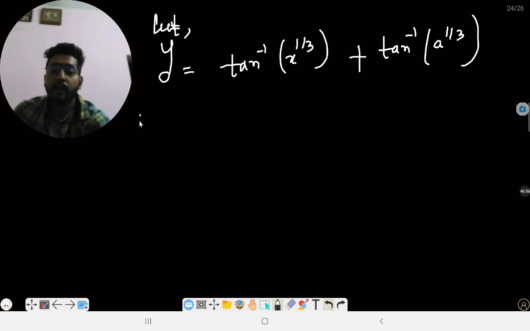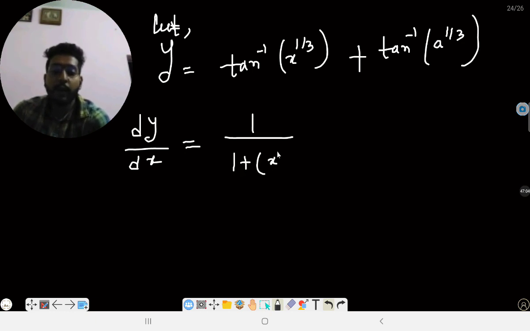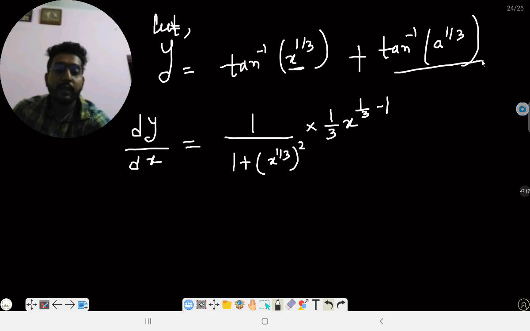Now we have to find the derivative, that means dy/dx. What is the derivative of tan inverse? 1 by 1 plus x square, into the derivative of the inside, using the x to the power n formula, that is n x to the power n minus 1. And a is a constant, so the derivative of the constant is 0.